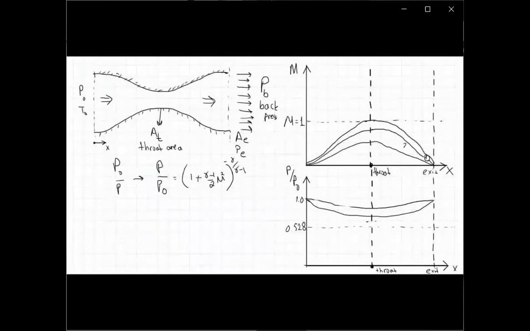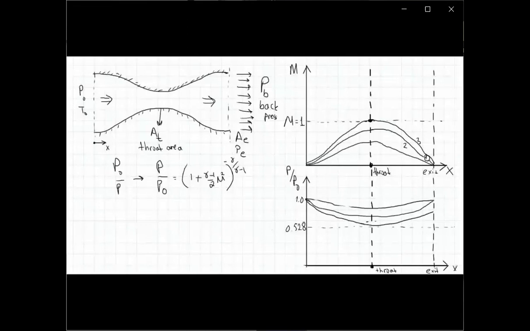So we have our second and third scenarios here, and at this point the Mach number will be equal to 1 at the throat area, the minimum area location, and the static pressure at that condition will get reduced, reach this specific value, and then reach a lower pressure level.